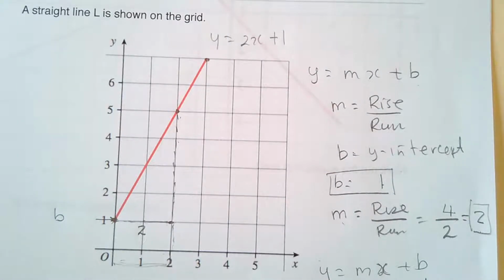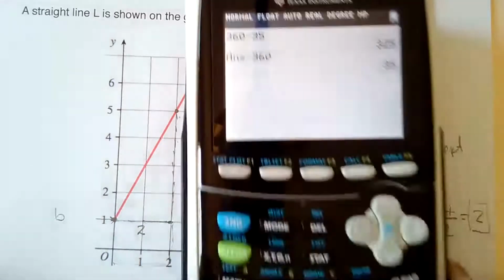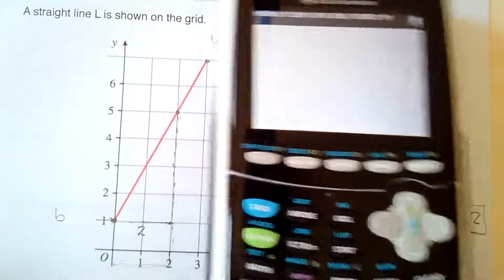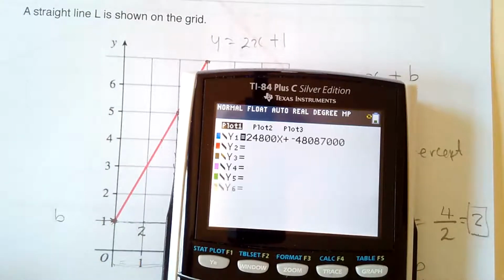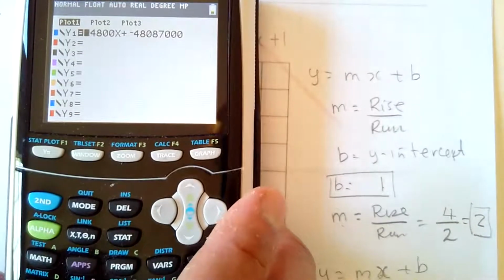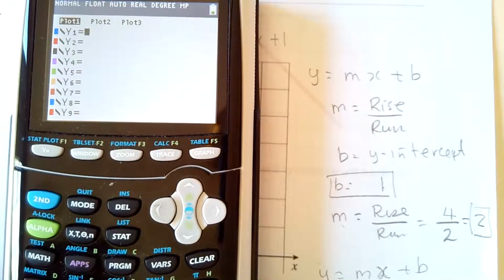Now, if you were to go ahead and enter this into your calculator, you will find this graph. I'll just show you in the graphing calculator for a minute. I'll press my y equal button and clear it.